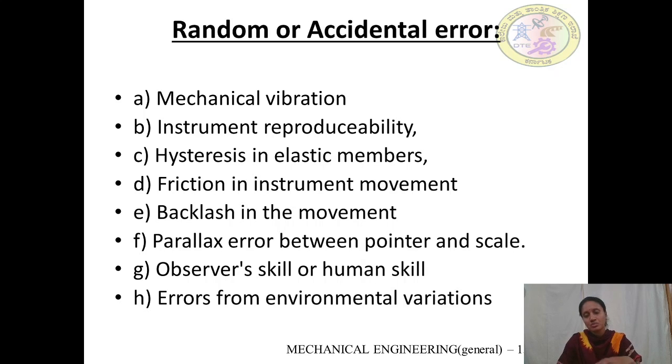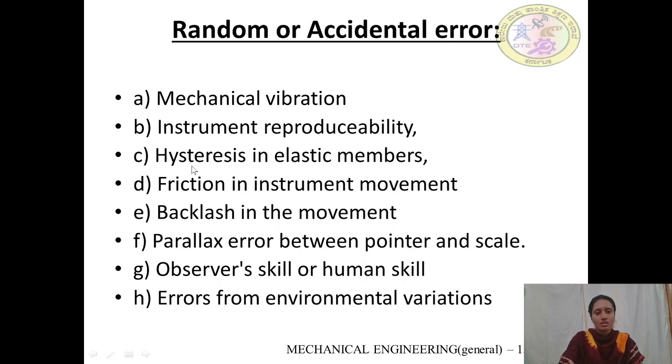When I do the measurement now and repeat the same measurement after many hours or the day after tomorrow, the instrument should give the same output readings. Then we say the instrument has reproducibility. If the instrument has no reproducibility, this is also one of the random errors.